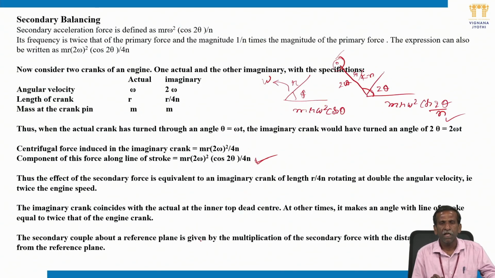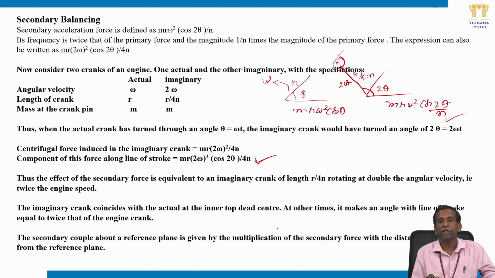So this is all about the secondary force: how to analyze and tackle it, how much mass you need to keep at the crank, at what radius r by 4n, with angular velocity 2 omega, and angular inclination of that crank 2 theta. Then the horizontal component will be balanced, and there will again be the same problem: the vertical component leads to hammer blow.